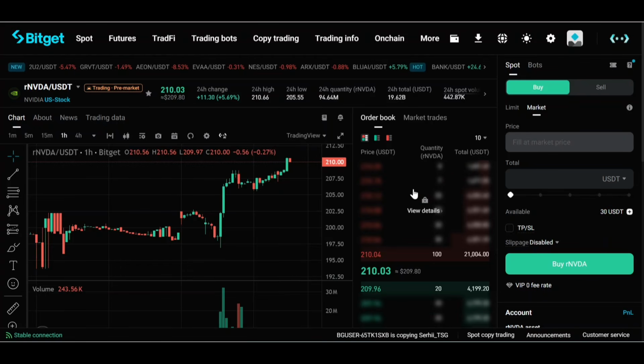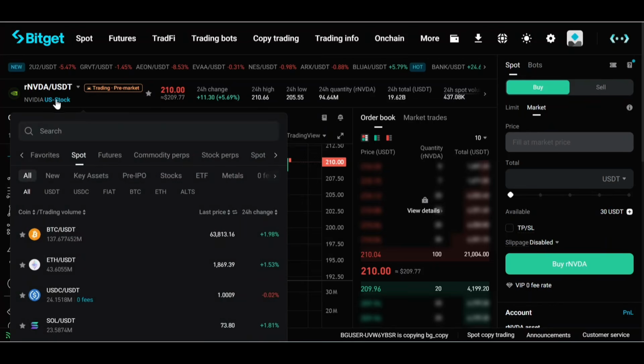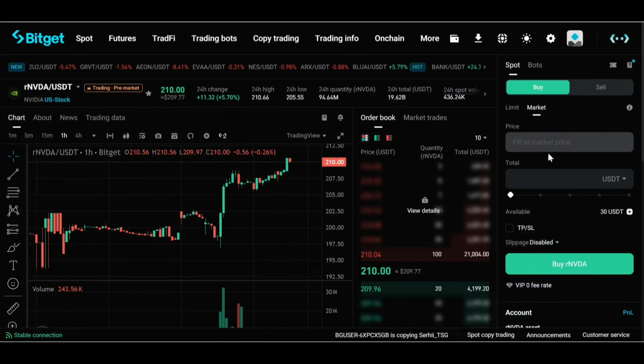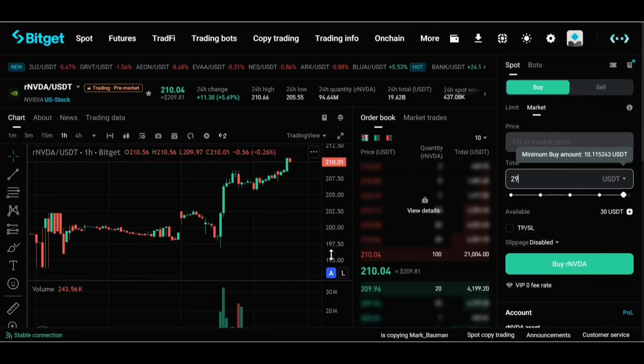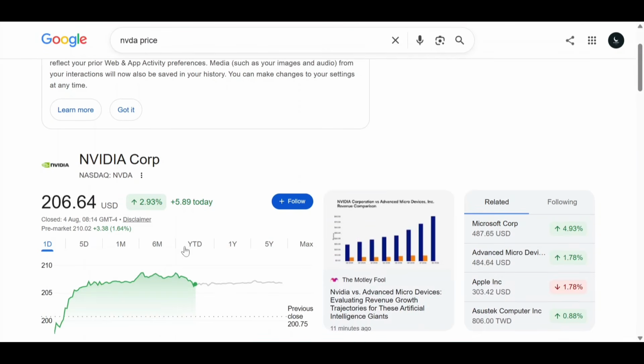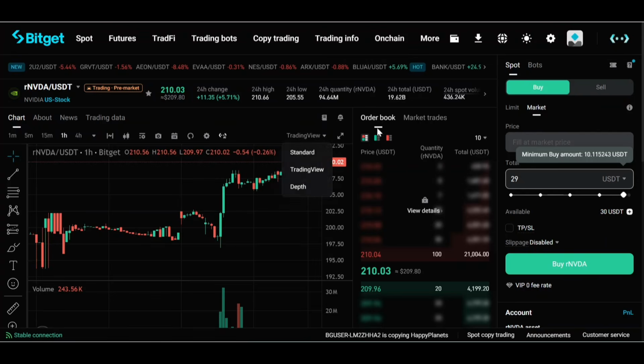Okay, so as you guys can see, we're now on the rNVIDIA to USDT trading pair, and we want to allocate, let's say, 29 USDT to buy our NVIDIA. Before we go ahead and buy, you can see the price is at around 210. When you Google it, you can see that's very close to tracking the actual trading price.